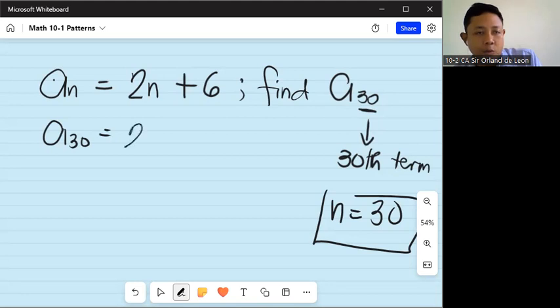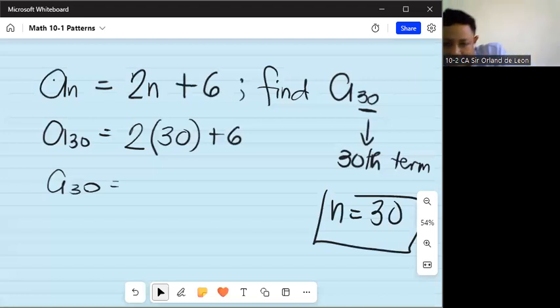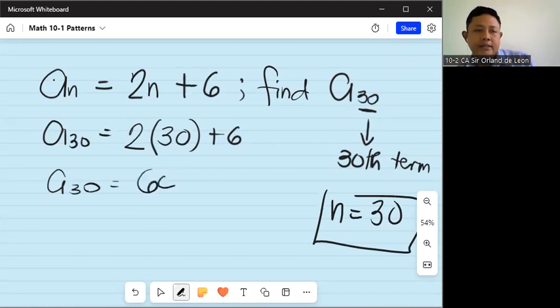So this will become 2 times 30, plus 6. So continuing the process of solution, A sub 30 is equal to 2 times 30. What's the answer? Type it into the chat box, please. 2 times 30 is, very good, it's 60.